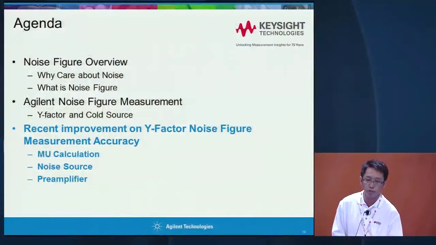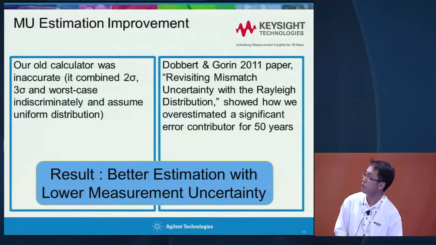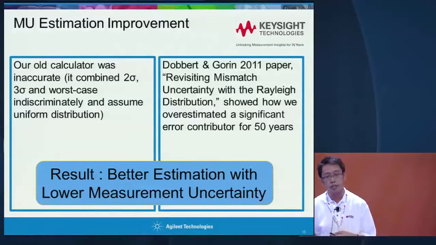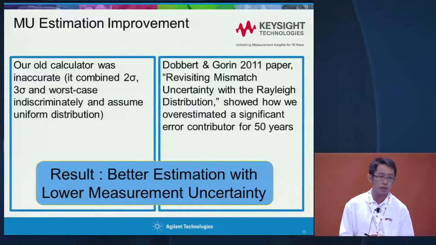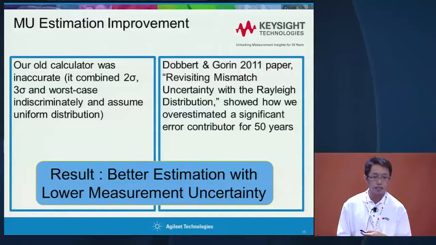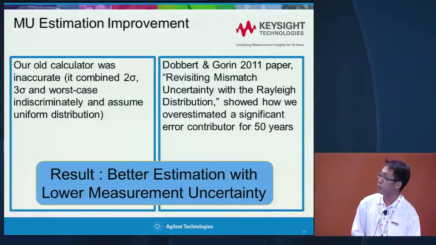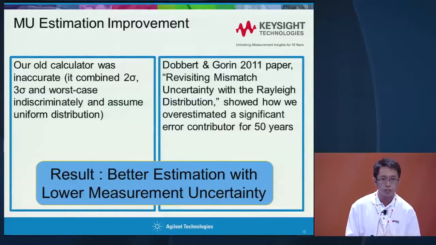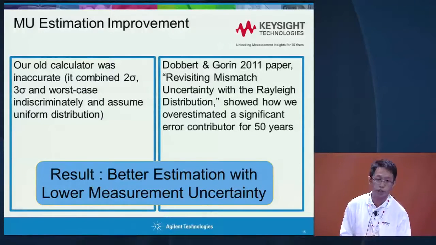Finally, I would like to share some of our recent improvements on Y-factor noise figure measurement accuracies. When we talk about measurement accuracies, the first thing that we look into is the uncertainty calculations. Our noise figure measurement uncertainty calculator was developed many years ago, and during that time, we did not have very good guidelines for uncertainty calculations.